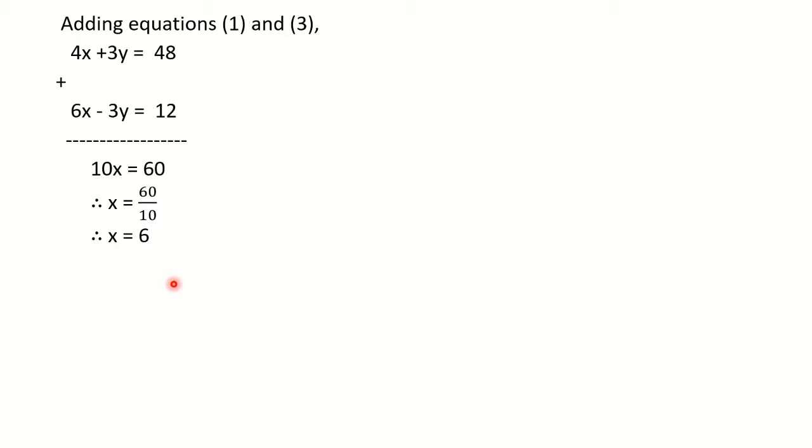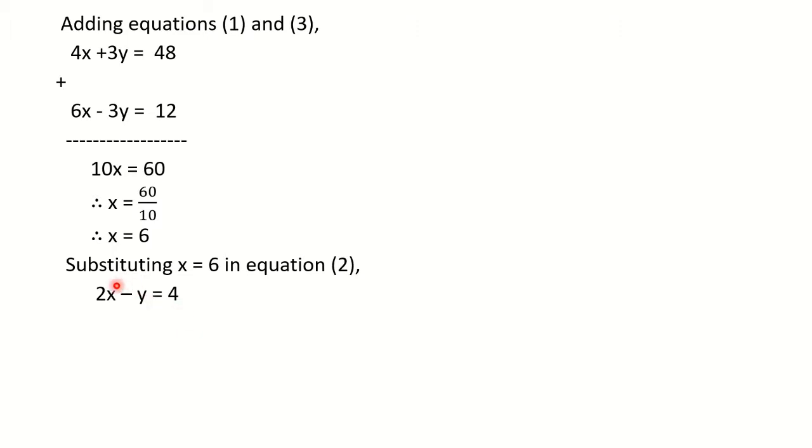Now to find the value of y, let us put this value in any one equation. So write down: substituting x is equal to 6 in equation 2, which is simplest. See, equation 1 is a little bit bigger. Instead of that, equation 2 is easiest. So we are putting that value in equation 2. See, this is equation 2: 2x minus y is equal to 4.